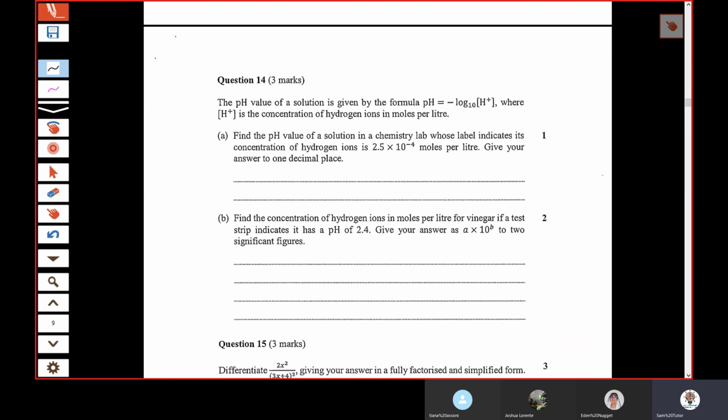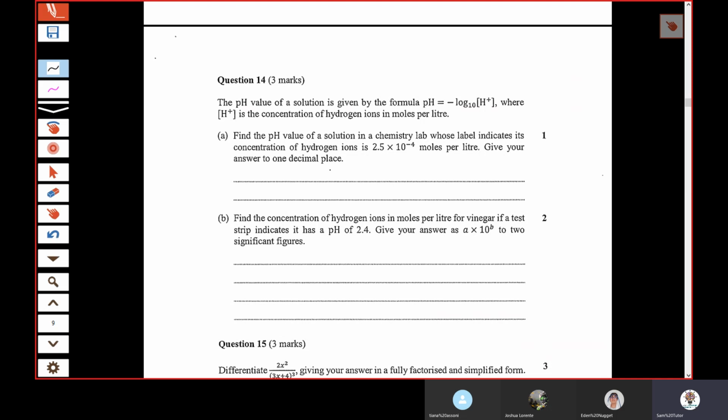Sounds complicated, doesn't it, already? The pH value of a solution is given by the formula pH equals negative log 10 of [H+], where H+ is the concentration of hydrogen ions in moles per liter. What is this? I've never done this topic. Find the pH value of a solution in the chemistry lab whose label indicates its concentration of hydrogen ions is 2.5 times 10 to the power negative 4 moles per liter.